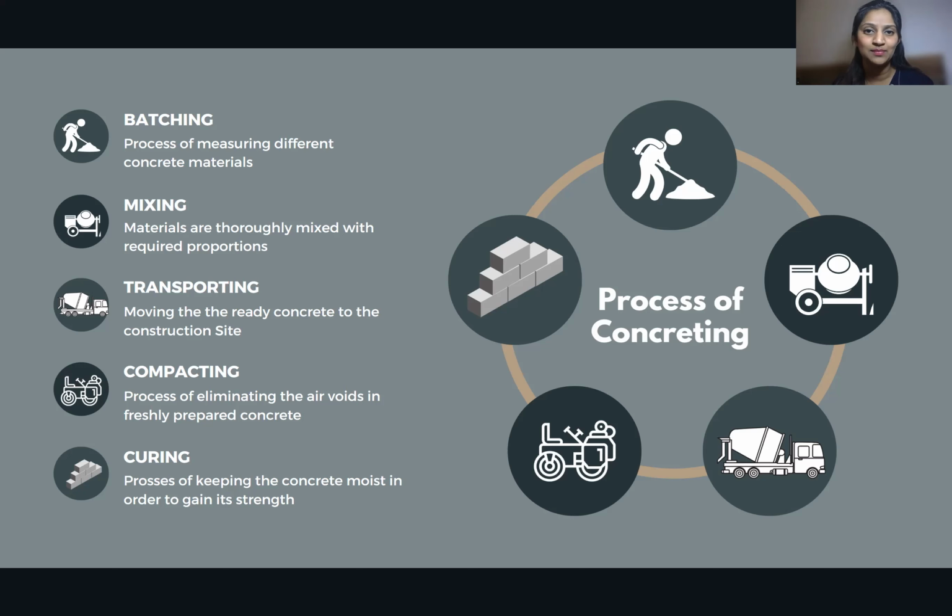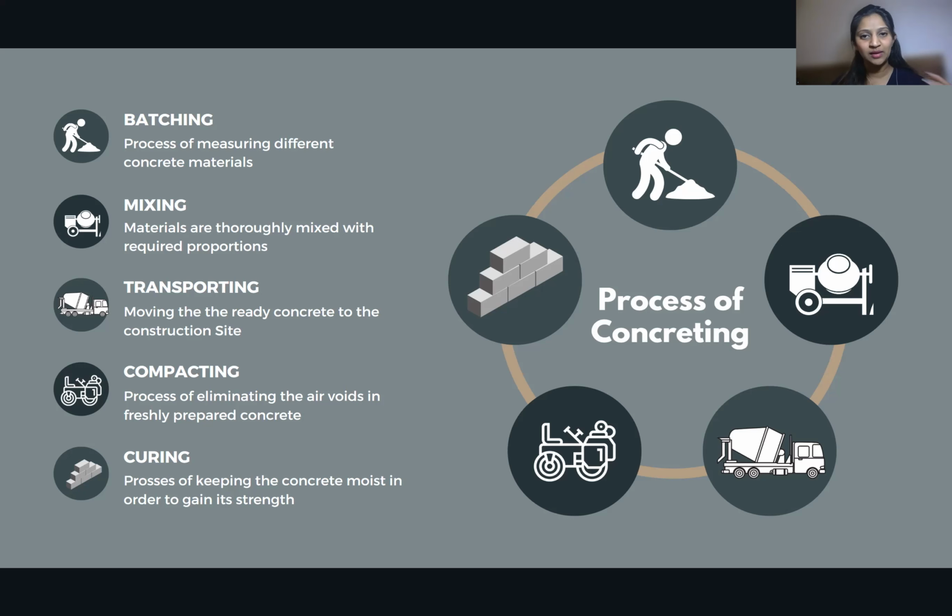Just in case there is a batching plant at one end of the city and the actual project is at the other end of the city, RMCs or various other alternatives will be transporting the required concrete that is necessary for the construction purposes.